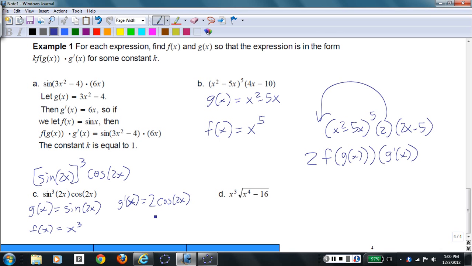because we can write sine of 2x to the third power times, I really need 2 cosine of 2x.